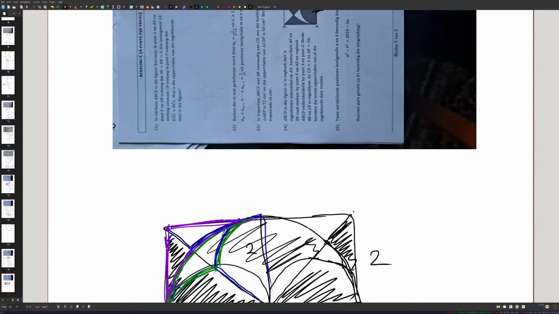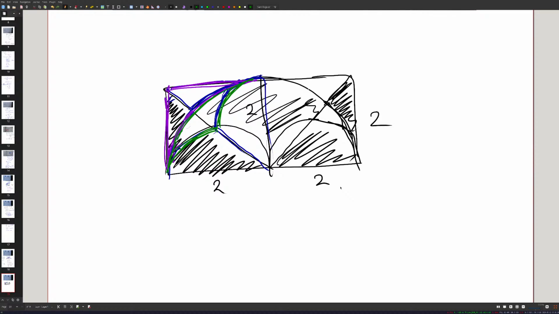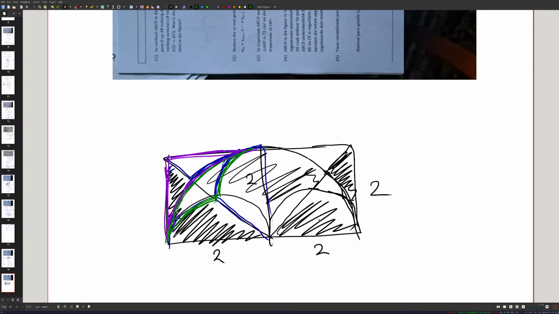What can we do with it? Is this the middle? Yeah, this is the middle of the square. That's interesting. Let's draw the square there. Cool. And that is the center of the square.